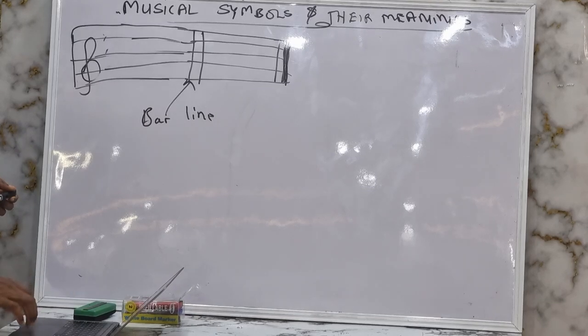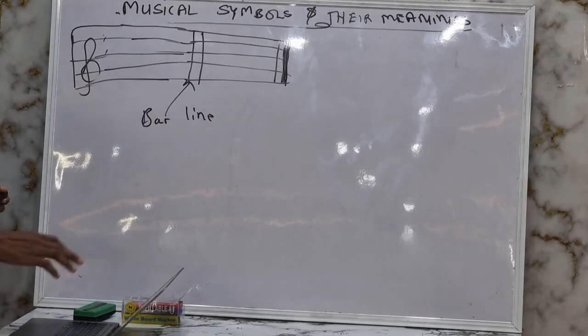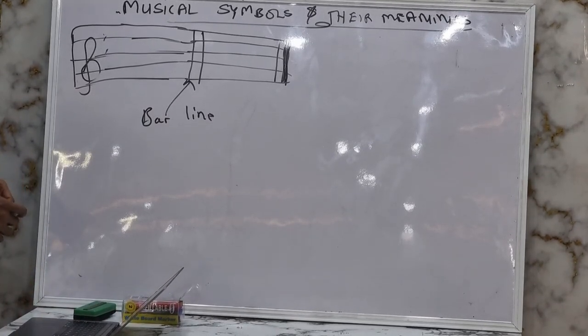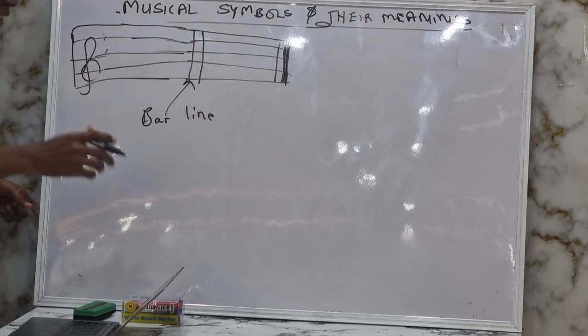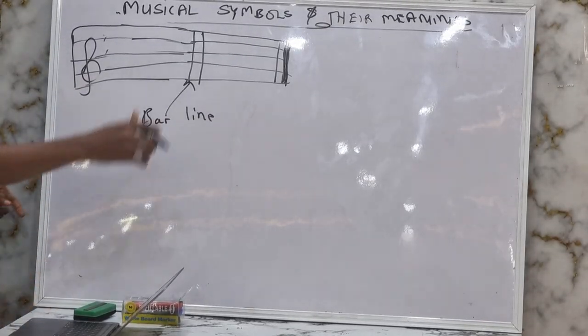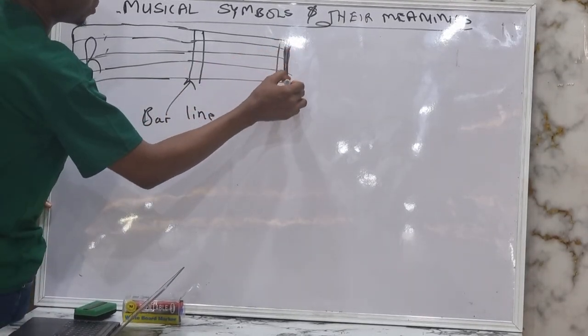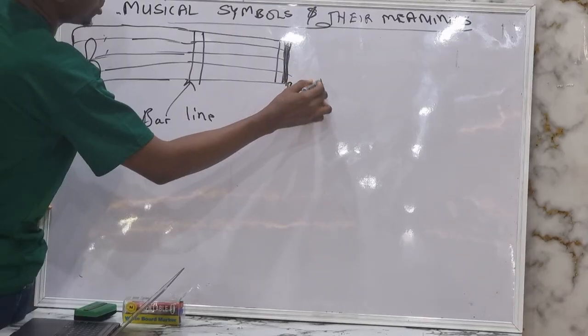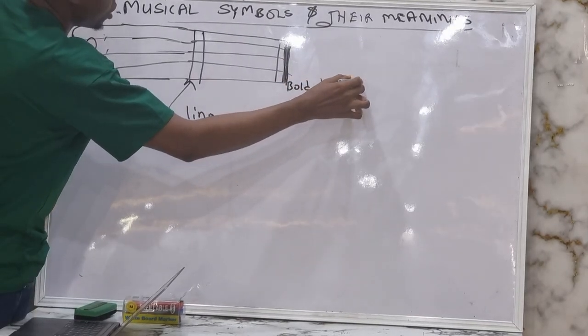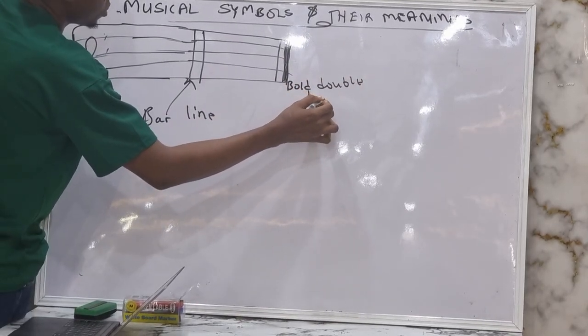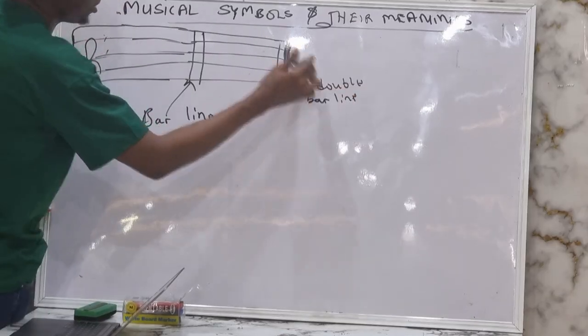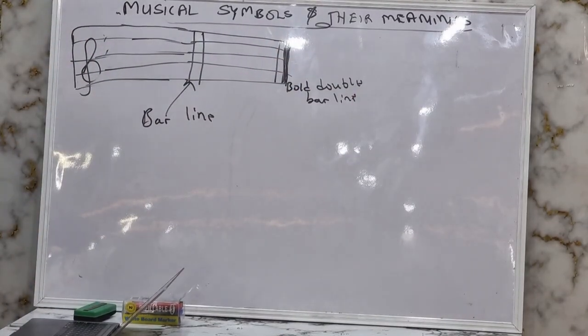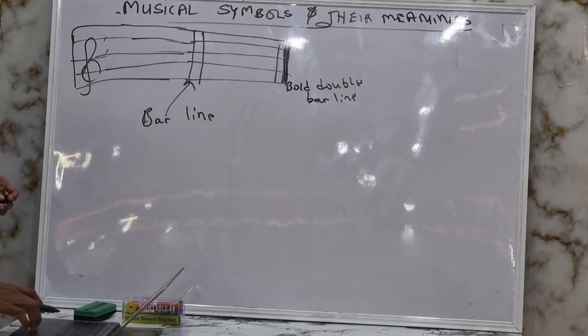That is all that means. They call it bold double bar line, or we just call it double bar line. You see all this in the PDF. It's used to indicate the end of the composition.